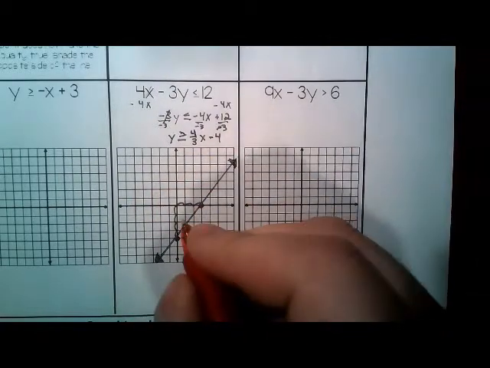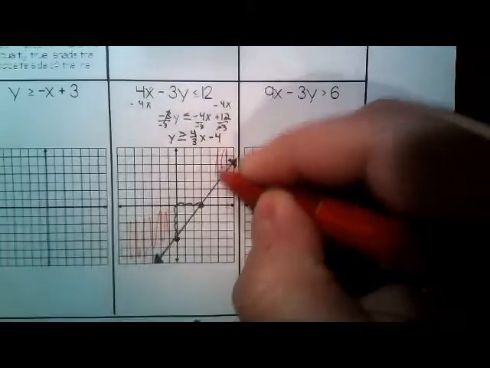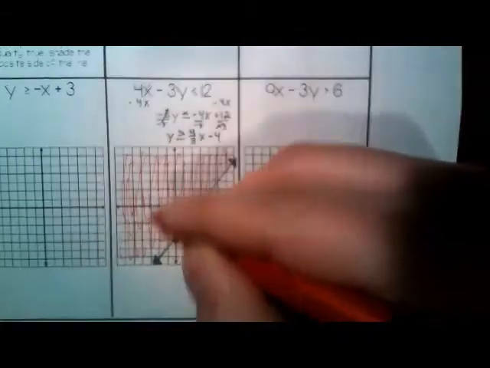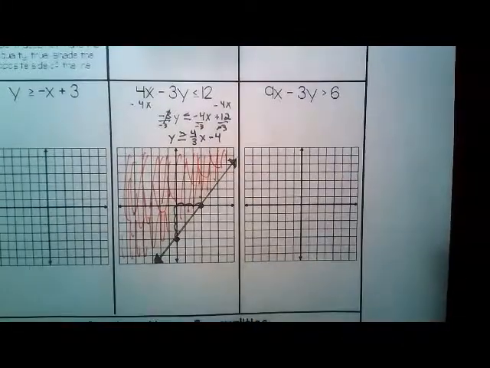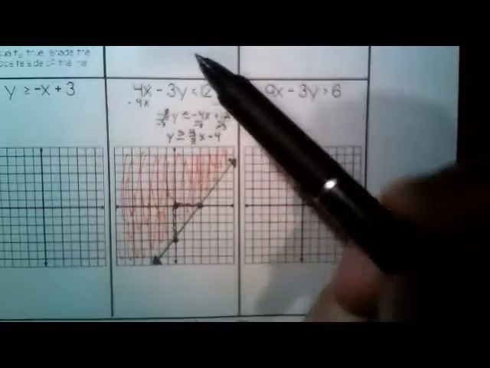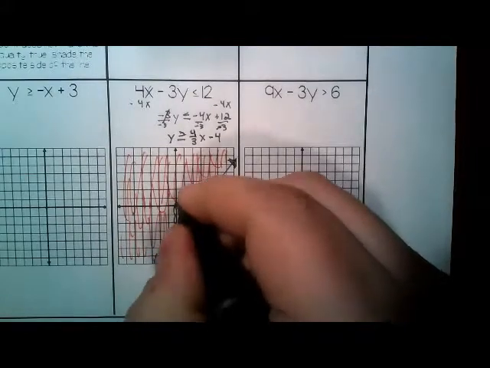If you want to test out a point, the easiest point is usually 0, 0. And we can only test that point if it's not on the line. We couldn't test it in our previous example because our line went through 0, 0.